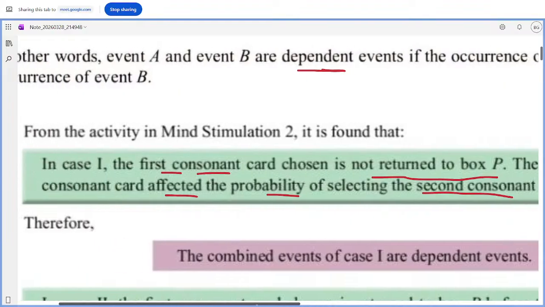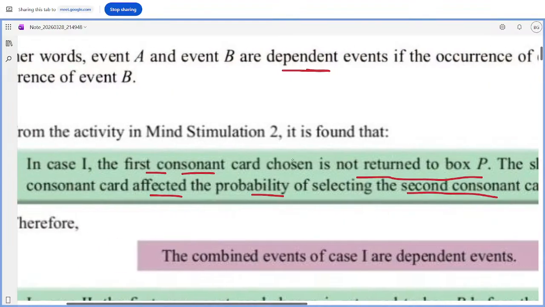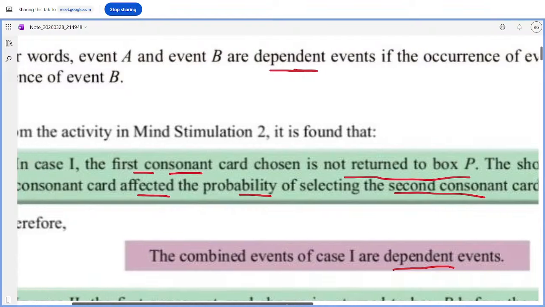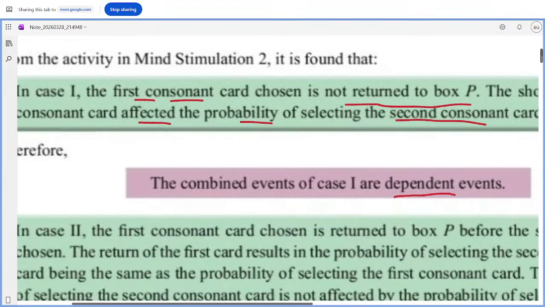That's why this one is called dependent, because it will affect each other. The first event of choosing the first consonant card, when you don't return it, will affect the second event of choosing the second consonant card. So that's why we call it dependent, affecting each other.